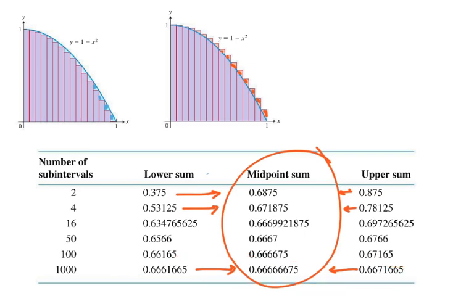The lower sum is still a little bit lower than our midpoint sum, and the upper sum is still a little bit greater than our midpoint sum. But all in all, it appears to me that they all seem to be approaching roughly 2/3. So it appears that this area is converging to a value near 2/3.